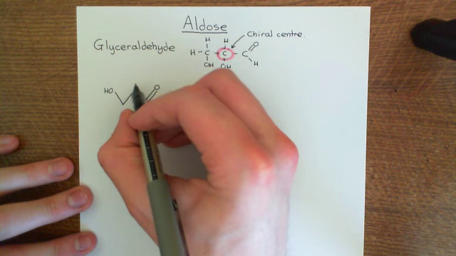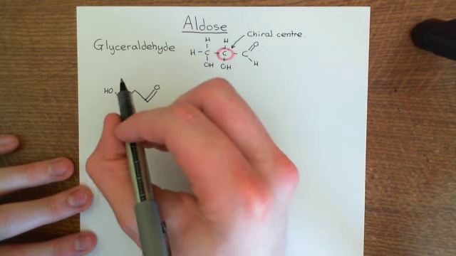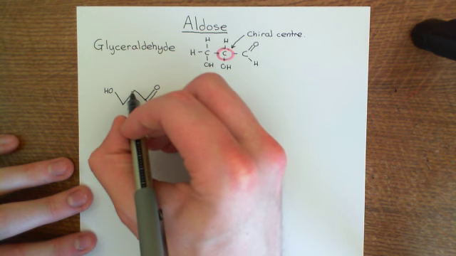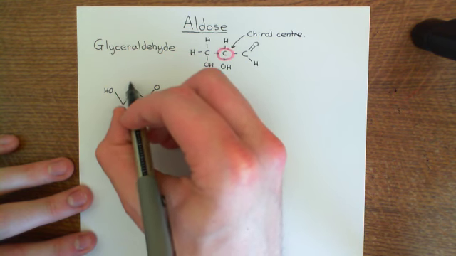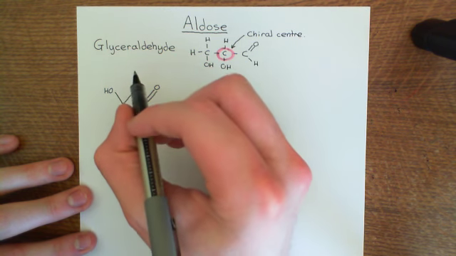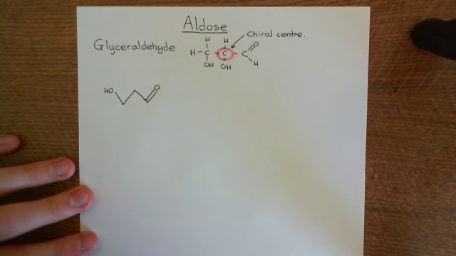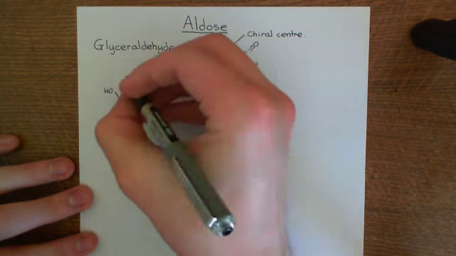If the alcohol group is coming out of the page at us, then the hydrogen atom will be going into the page away from us. And if the alcohol group is going into the page away from us, then the hydrogen will be coming out of the page at us. Those are the 2 optical isomers of this molecule, so they are truly different molecules. You can't change one into the other without performing a chemical reaction.